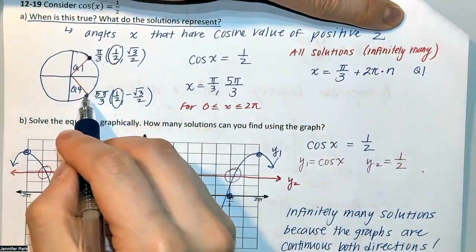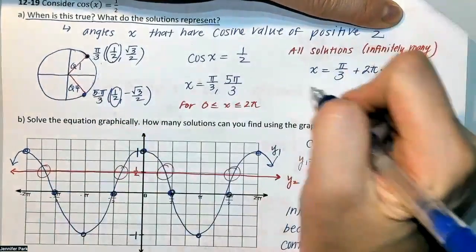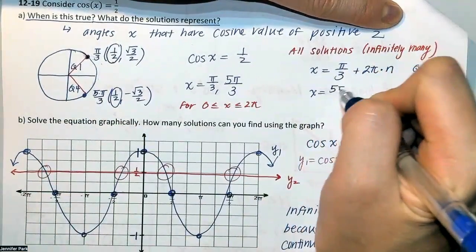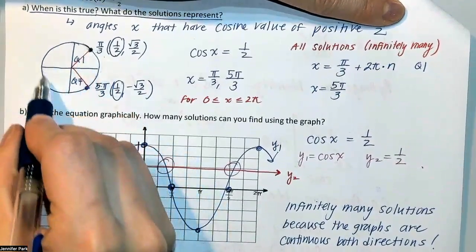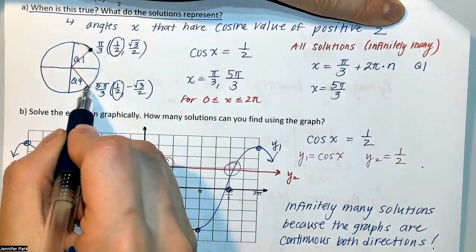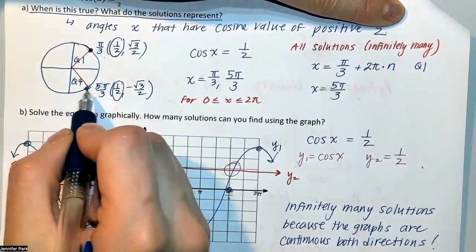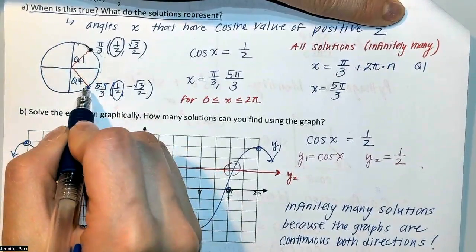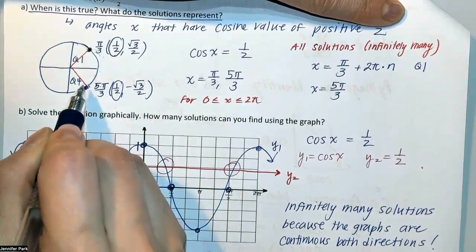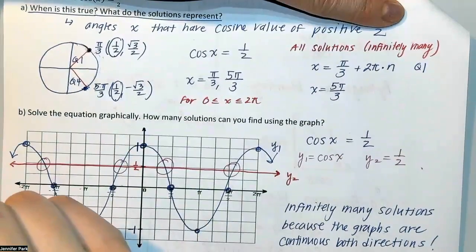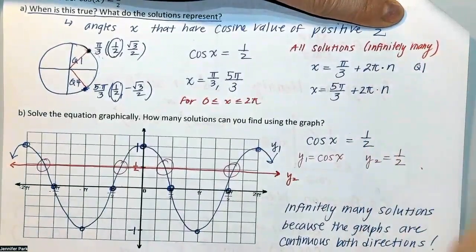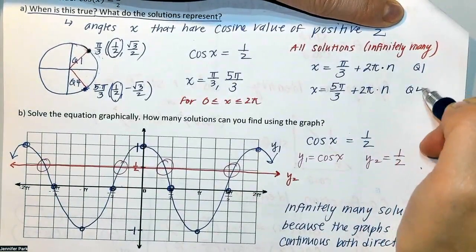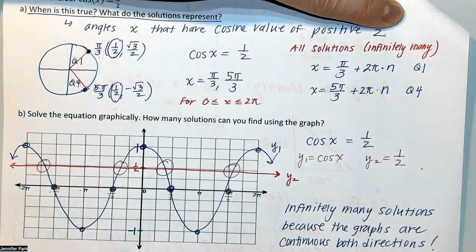But we also have an angle in quadrant 4, 5 pi over 3. From 5 pi over 3, from that position on the circle, you can go around the circle 360 degrees again and again. Every 2 pi radians or 360 degrees, you will come to this position that has a cosine value of 1/2. So you can also say 5 pi over 3 plus 2 pi n, and that's the equation for angles in quadrant 4.